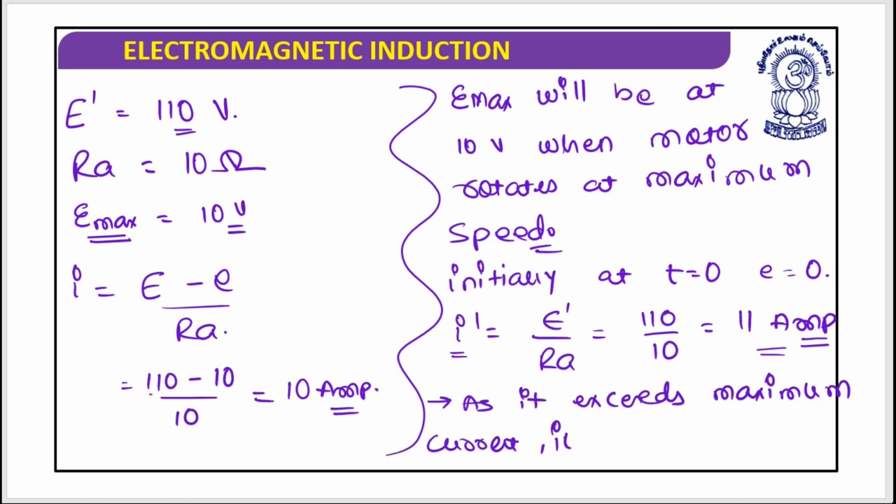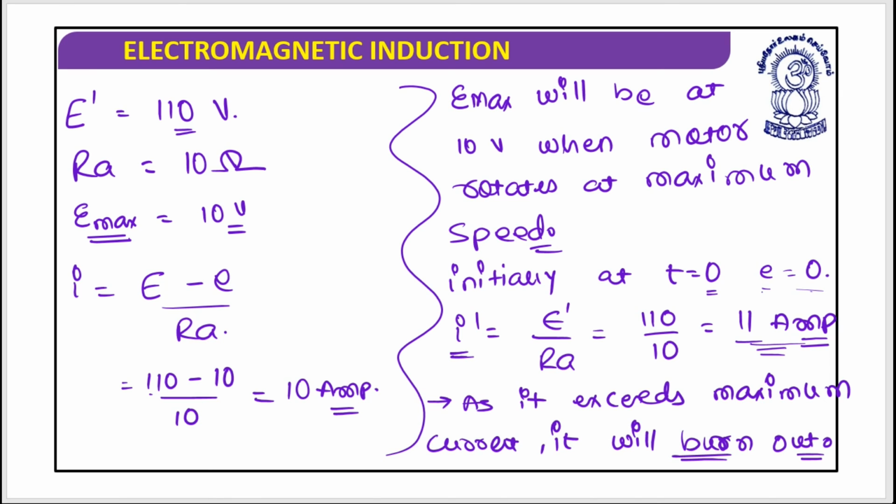It will burn out your motor. Do you understand the seriousness of this? As your maximum requirement is 10 ampere, what you are passing through it at t equals 0 is 11 ampere. So at t equals 0, it is going to die out.